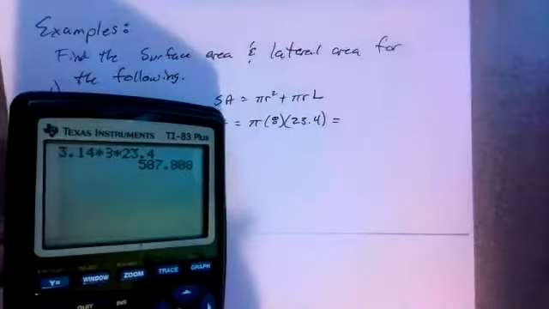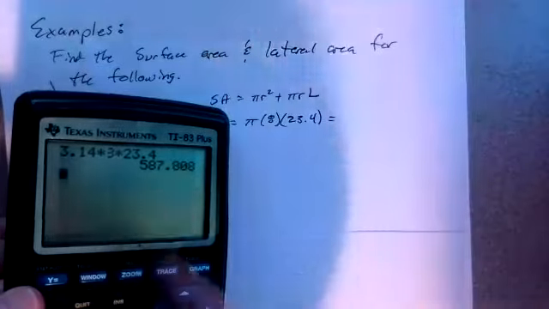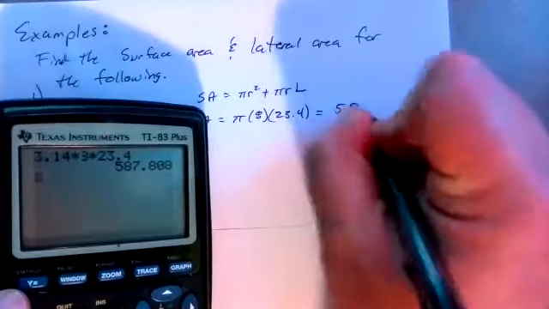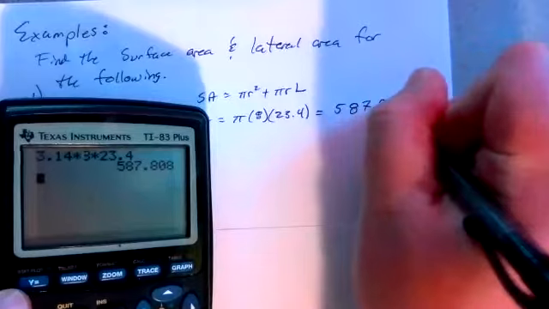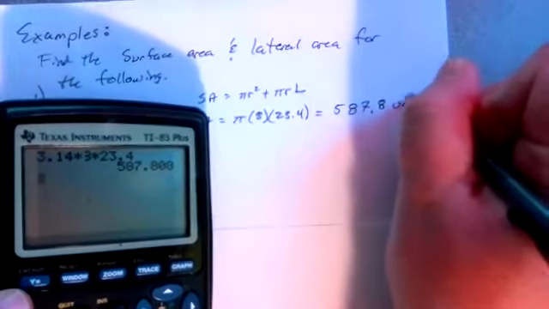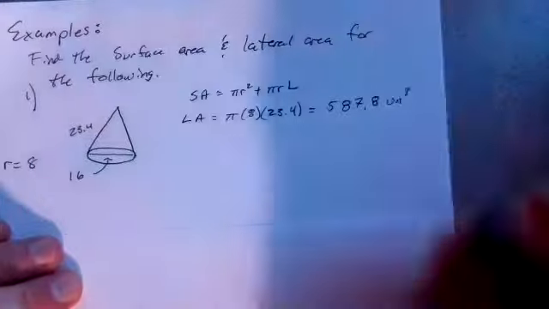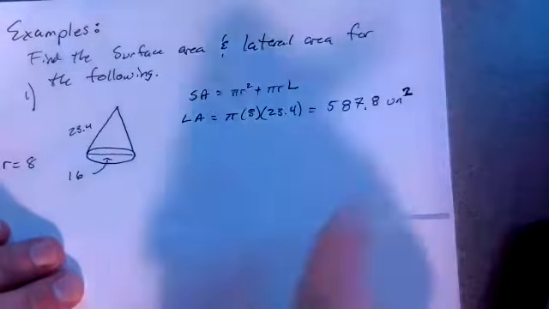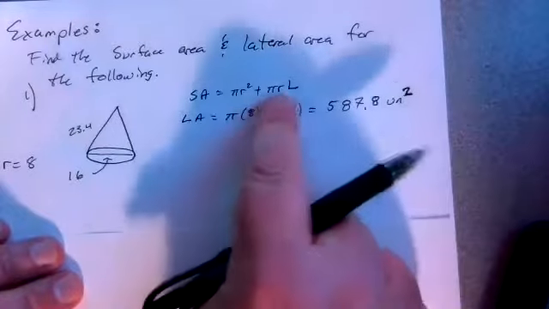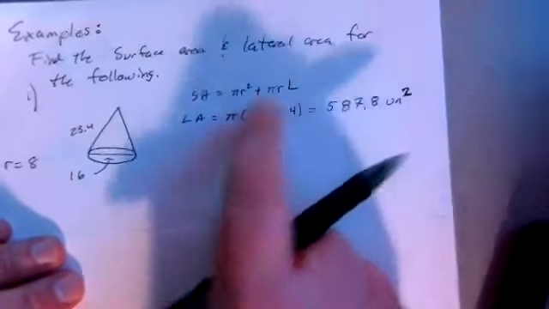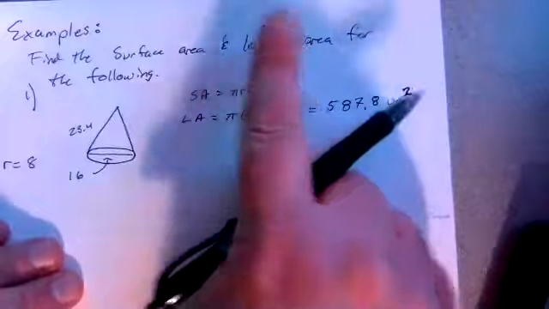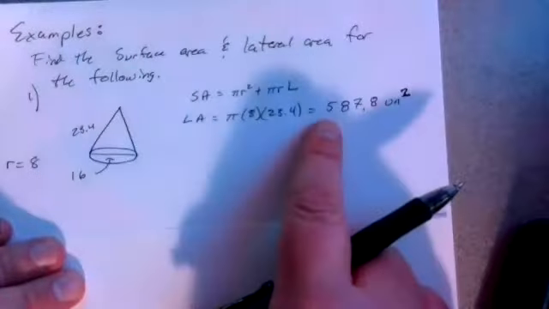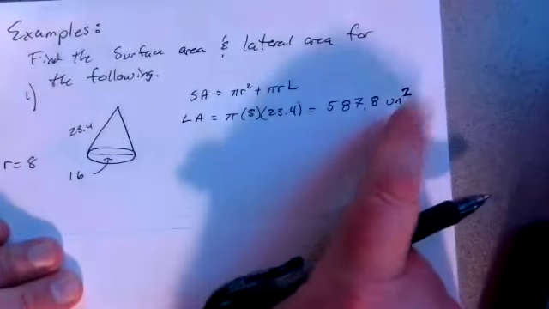Okay, it's 587.8, we'll call it. 587.8 units cubed. No, squared. This is area, Steven. Get your head in the game. All right, so that's our lateral area. That's just this piece here. Since the directions asked us to find the lateral area of this cone, we have 587.8 units squared.